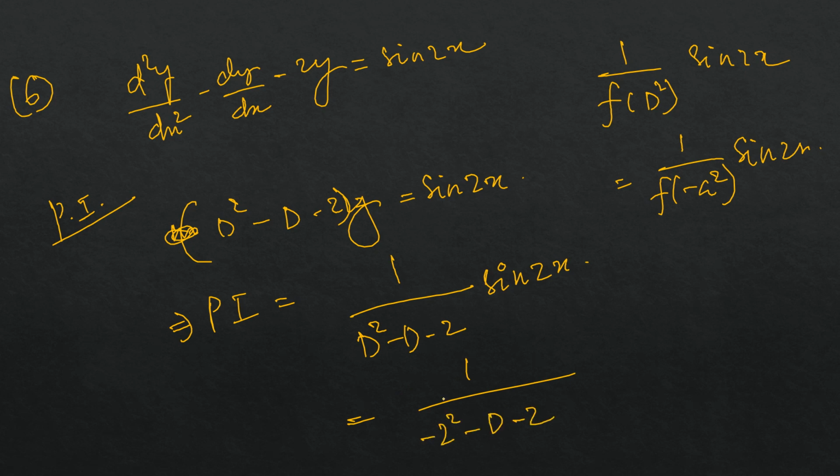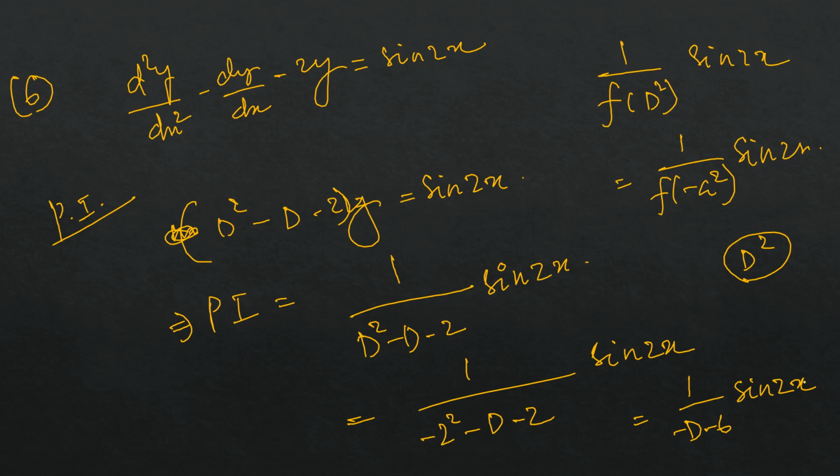Don't put in place of only D. If there is D square, then only we'll put it. Not in place of D. So this one will be minus 4 minus D minus 2, that is minus D minus 6, sine 2x. If I write it again, minus 1 by D plus 6, sine 2x. Now we need a square term.